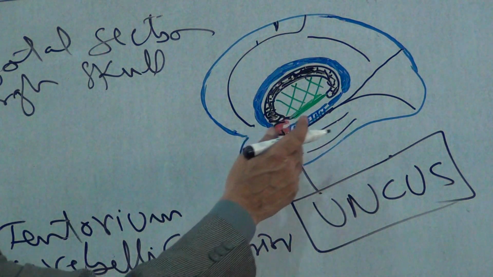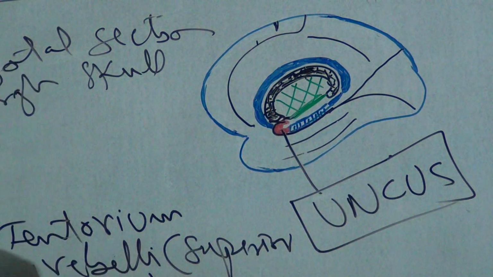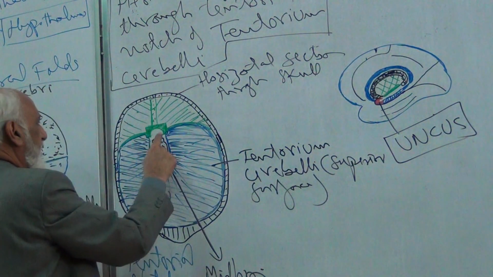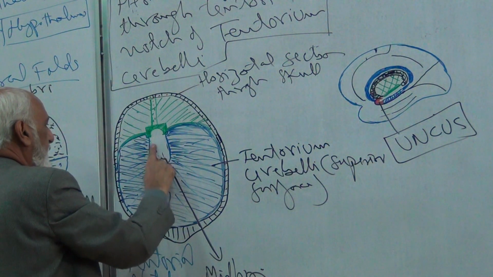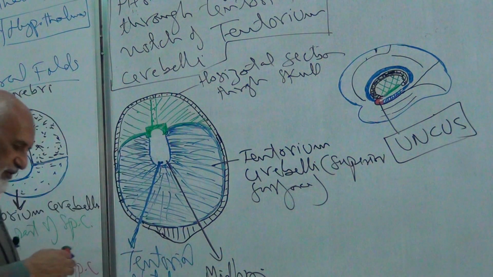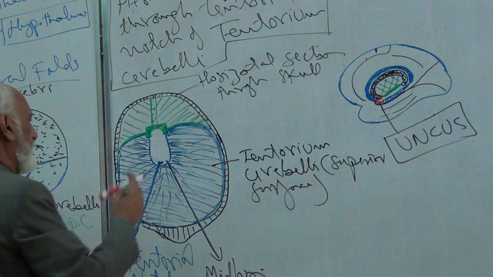So there is a midbrain which passes through the tentorial notch. On the medial surface is the uncus. Now when there is a herniation of the uncus, naturally it will compress the structures passing through the midbrain.